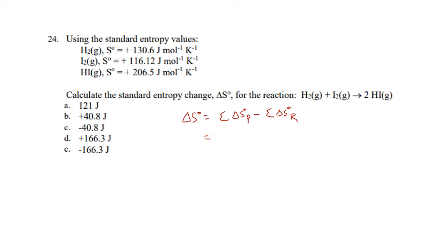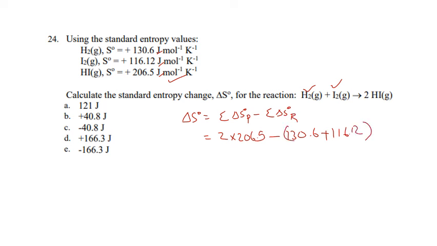For the product I have 2 HI, so 2 times 206.5, all are in joules, so I don't have to worry about the unit, minus the reactants: hydrogen 130.6, it is balanced already, plus iodine 116.12.